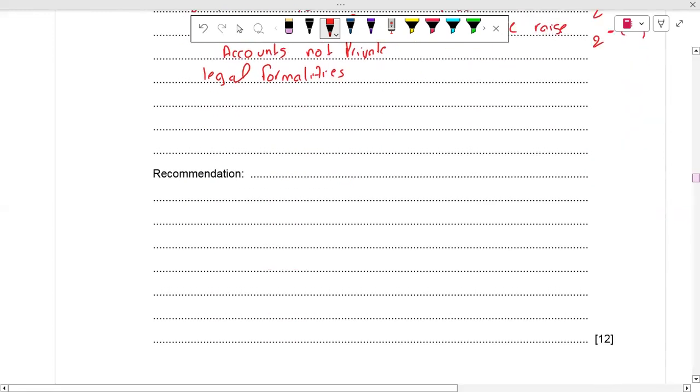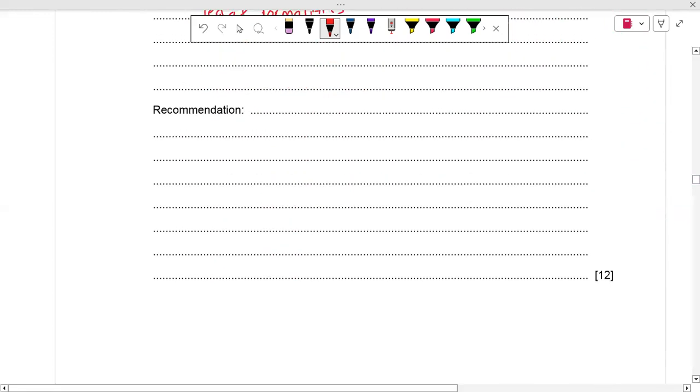And after that, we are going to recommend which type of business structure would be beneficial for them. So we can say that ET should be an unincorporated business. It should be a partnership. Why? Because first of all, it is easy to set up, because this is a very new business.